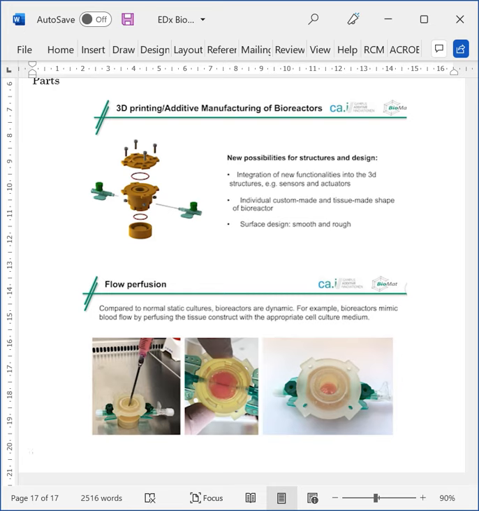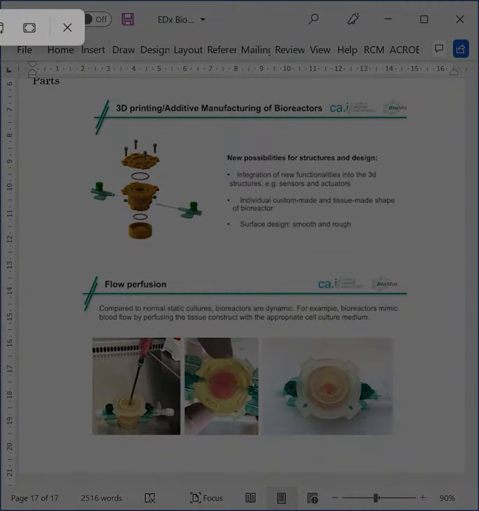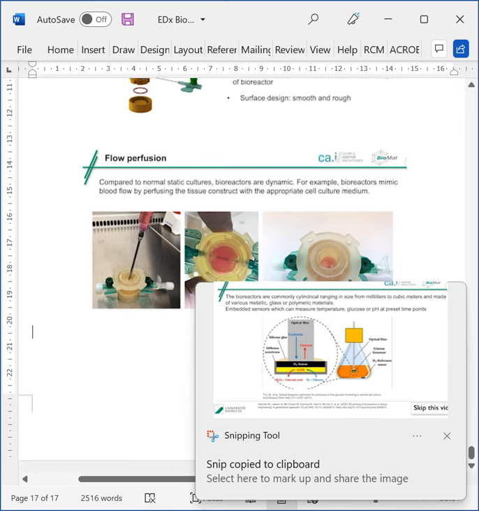So when we have the construct like in this picture inside the bioreactor, medium is flowing inside and refreshing the content all the time. One question, how can we actually make sure that everything is going fine inside the reactor? As you said, the bioreactors are dynamic, so it is very important that we know what the conditions inside the bioreactor are.